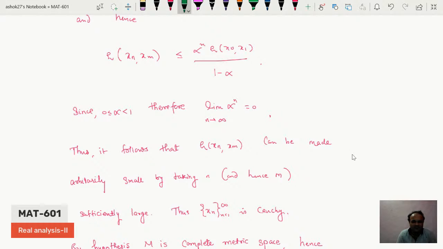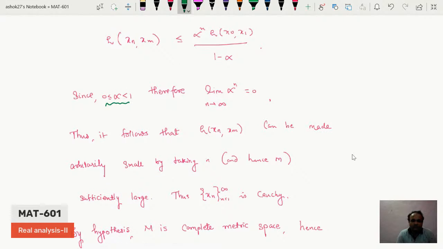Since alpha is strictly less than 1 and greater than or equal to 0, what is the limit of alpha raised to n? Naturally it will be 0 as n tends to infinity. So the sequence alpha^n tends to 0, and naturally rho of xn and xm tends to 0 as n tends to infinity.